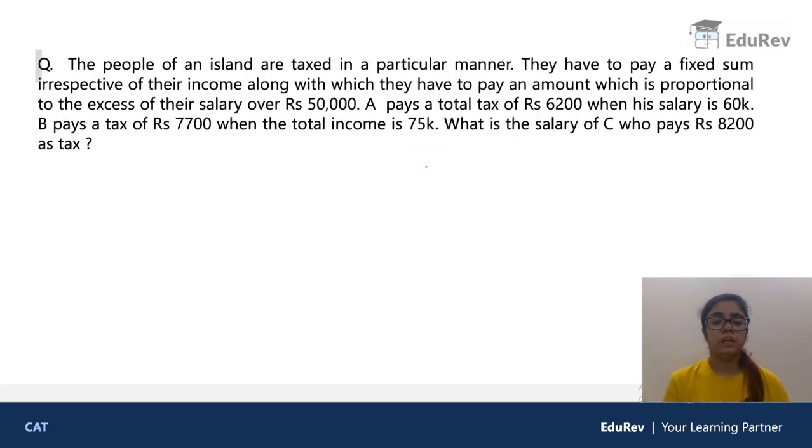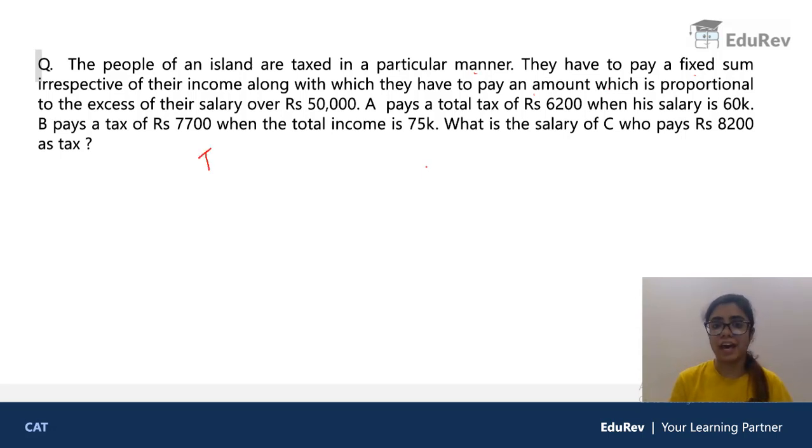Okay? Now let's look at the next question. What does it say? The people of an island are taxed in a particular manner. They have to pay a fixed sum irrespective of their income, along with which they have to pay an amount which is proportional to the excess of their salary over 50,000. So again, they have to pay a fixed amount.